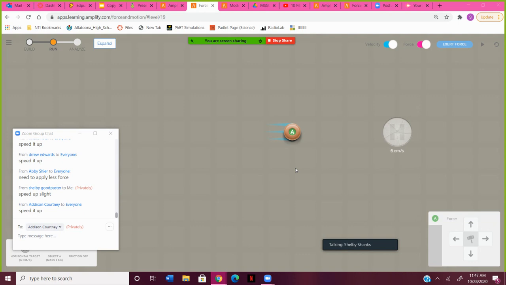All right, so if we need to speed it up, which arrow should I press? Which arrow should I press and how many times should I press that arrow?